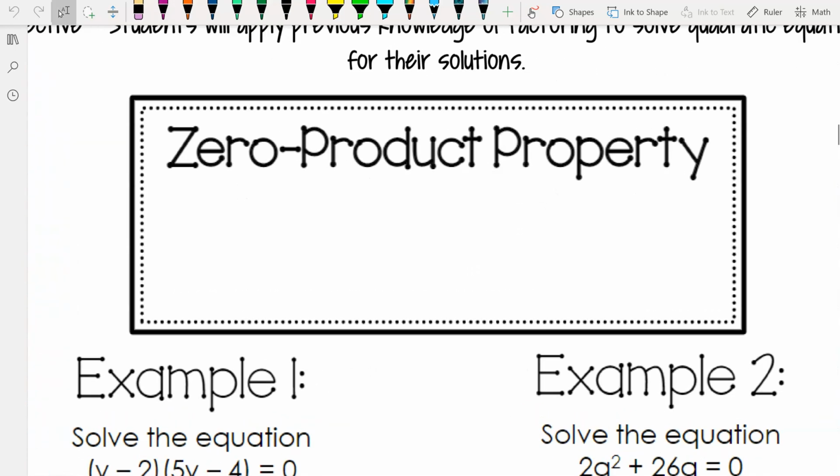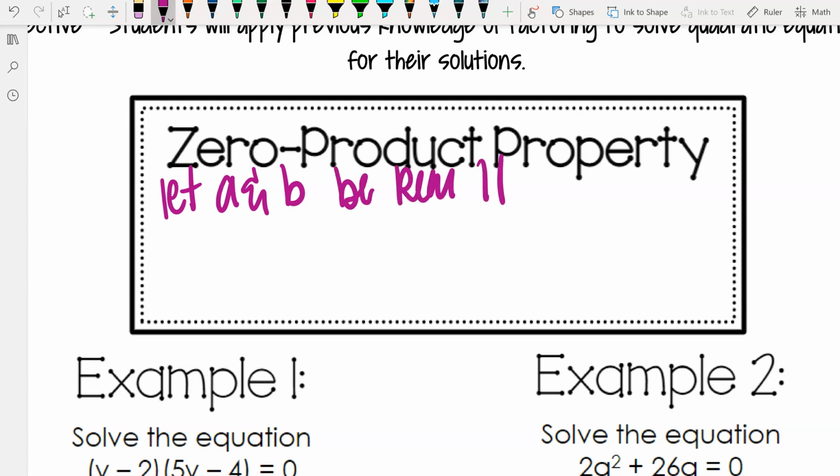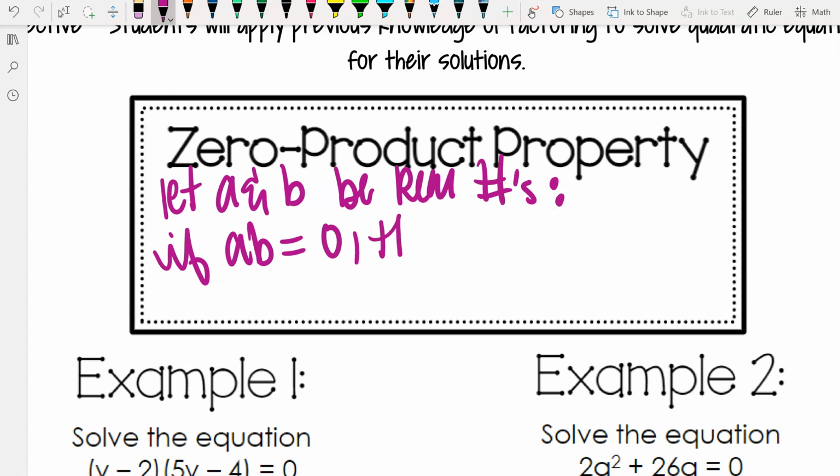So if we say we let some numbers a and b be real numbers, okay? So if we have a times b and that product is 0, then one of the numbers has to be equal to 0.